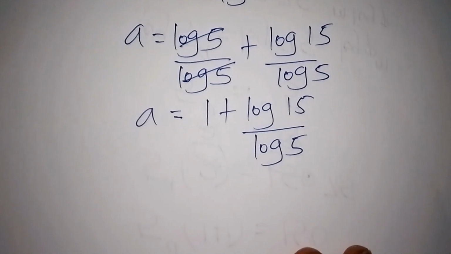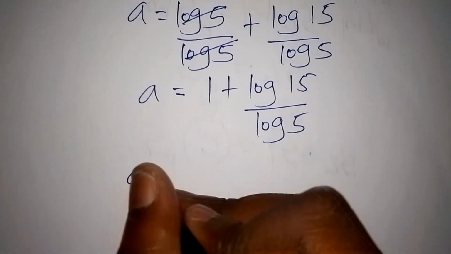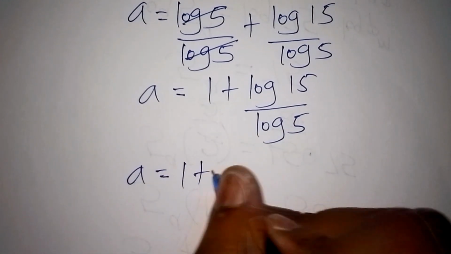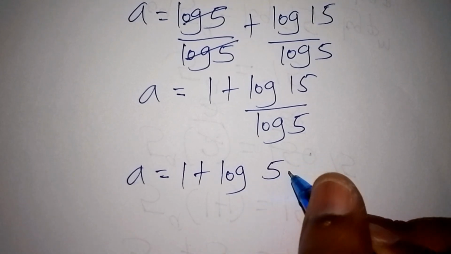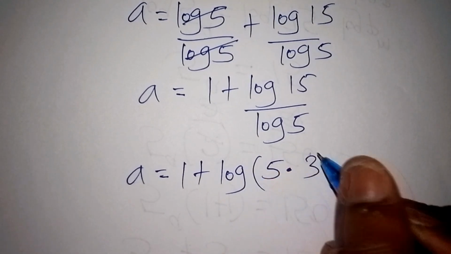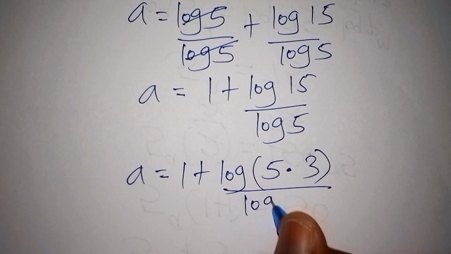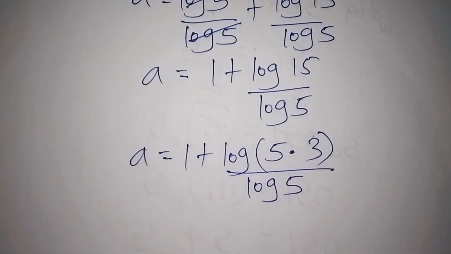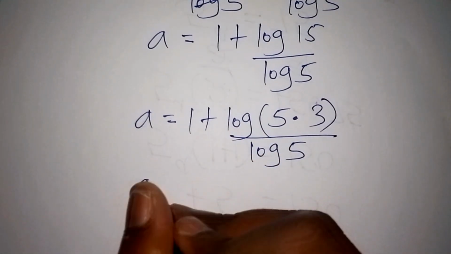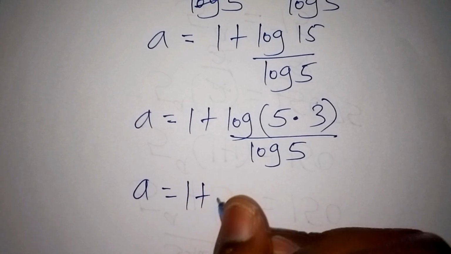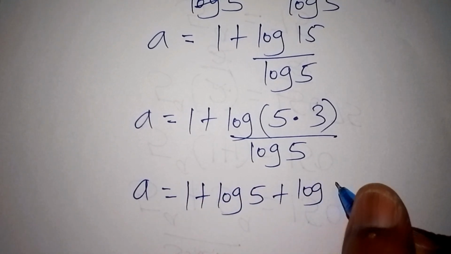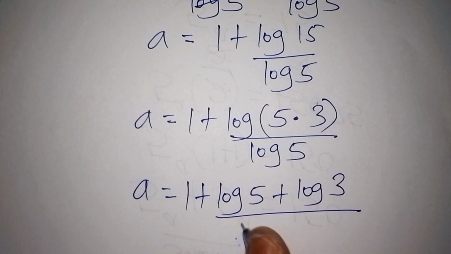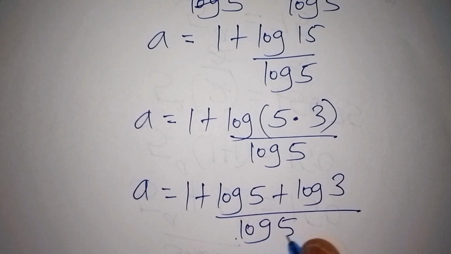Our value for a can still be written as 1 plus, with the log of 15 written as the log of 5 multiplied by 3, all over the log of 5. So a is equal to 1 plus the log of 5 plus the log of 3 all over the log of 5.